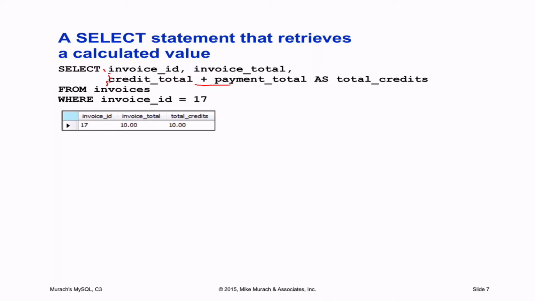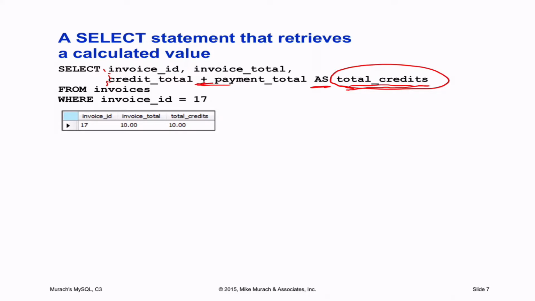So here we're selecting not only the invoice ID and total, we are creating a temporary column in our results called total credits, and we use the AS keyword, capital AS, to create that. What goes into that is the fields credit total and payment total.